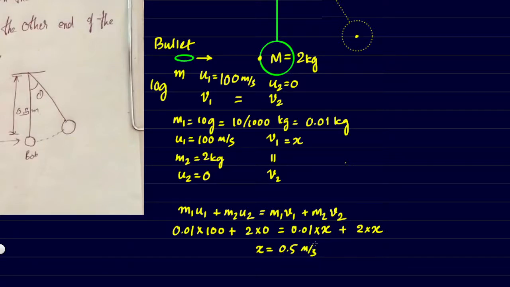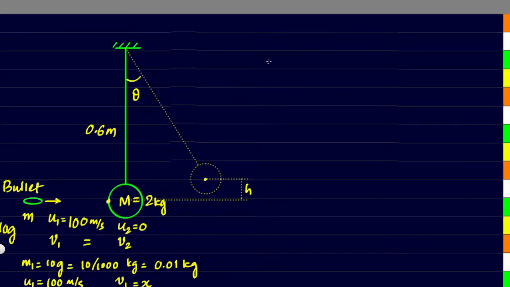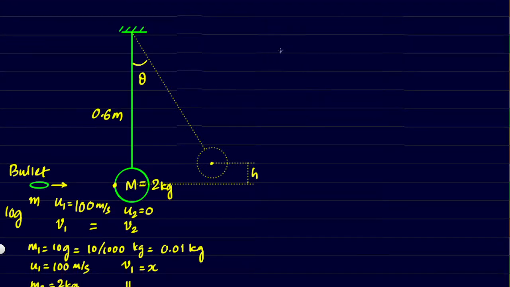Now with this velocity, we have to find how much height it's going to rise. So this is the height that we will be able to find. Let's use the kinetic energy and potential energy relation. We just have to take the kinetic energy to be equal to the potential energy. We know the formula for kinetic energy, that's half m v squared.